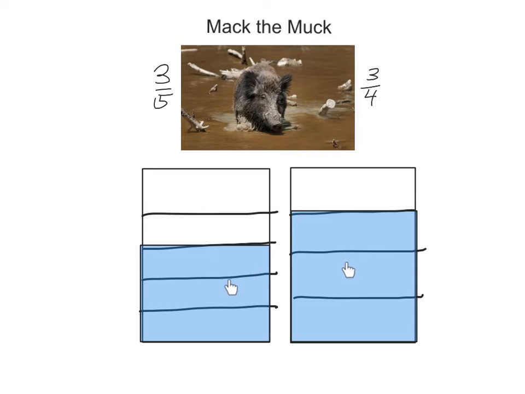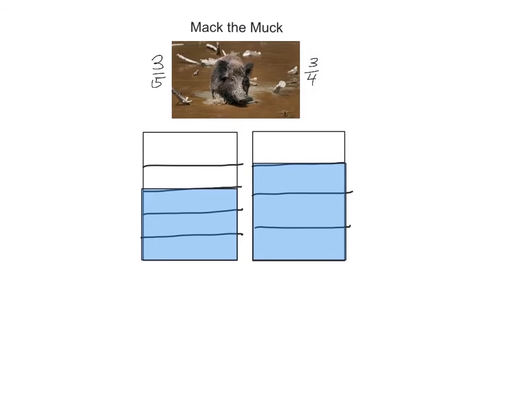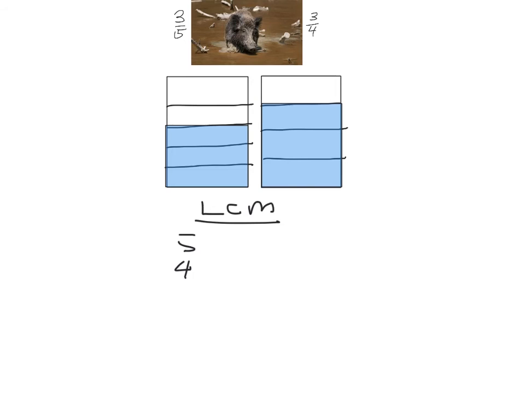Now you can see I can't really add these 2 together because they're different size boxes, right? So the first thing I've got to do is find my least common multiple, my LCM. And I'm going to take my 5 and my 4. So I'm going to put 5 right there and 4 right there. Oh my goodness, that's an ugly 5. I'm going to fix that 5.